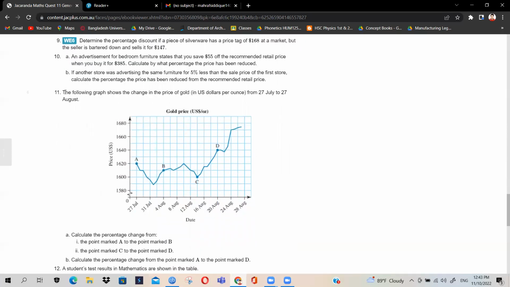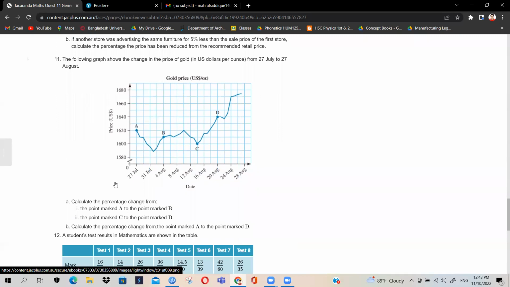The following graph shows the change in the price of gold from 27 to 27 August. Calculate the percentage change from the point marked A to the point marked B. At point A, we are getting 1620, and at point B, we are getting 1610. So what will be the percentage change?